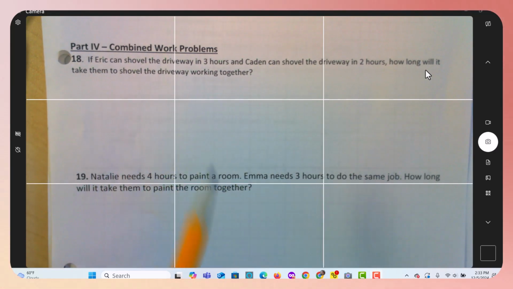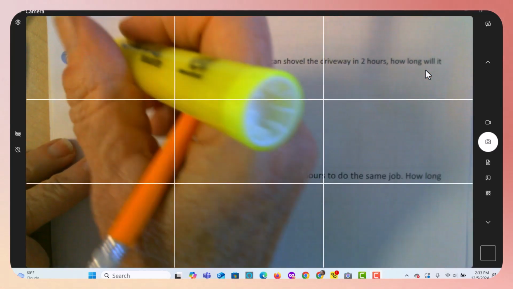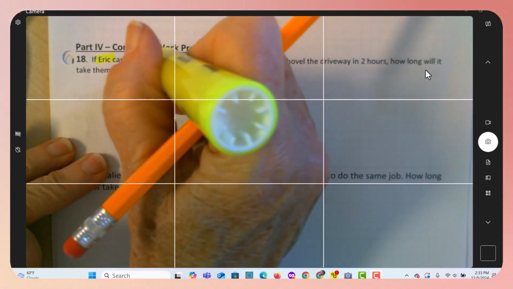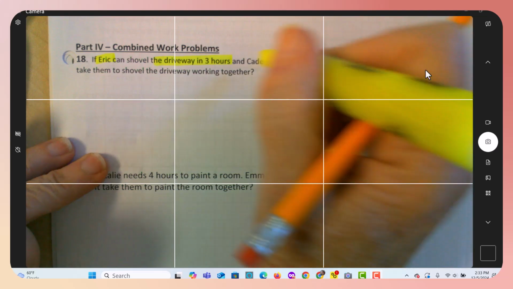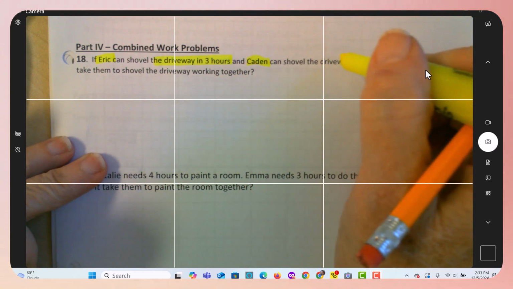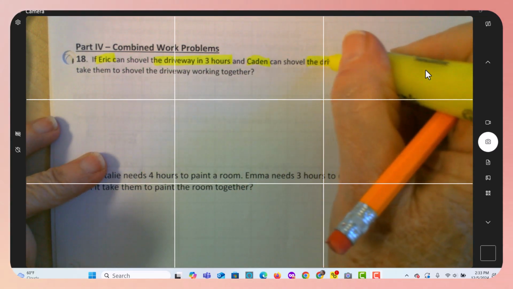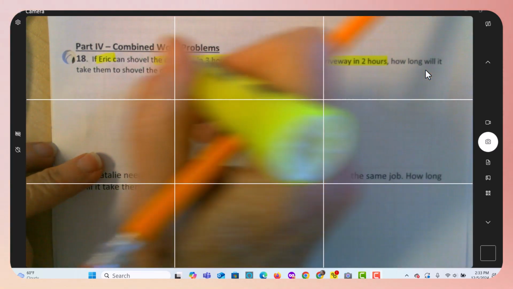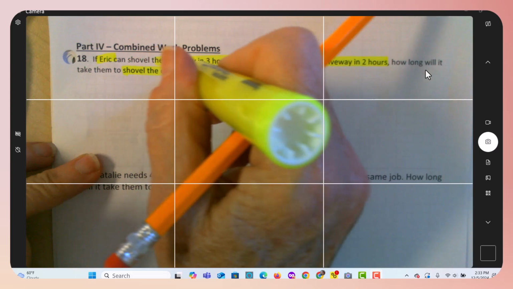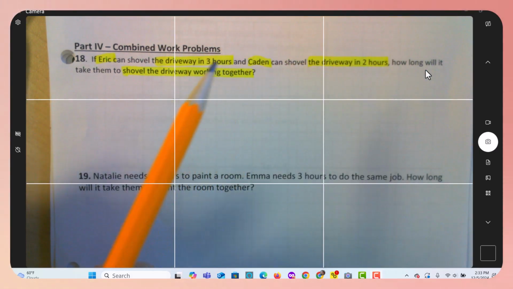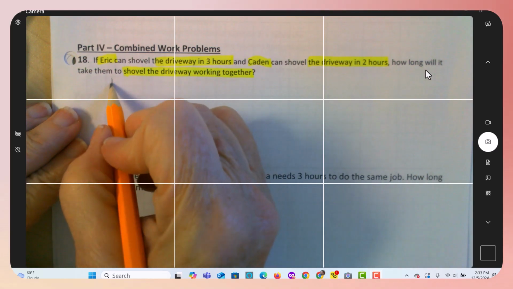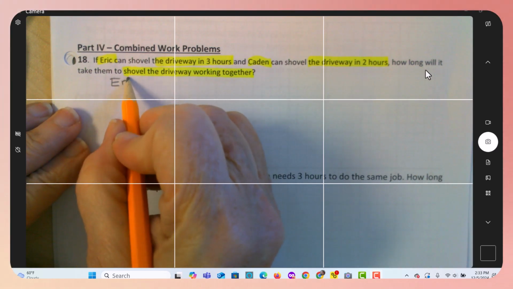If Eric can shovel the driveway in 3 hours, so here's Eric's rate, 1 driveway in 3 hours, and Caden can shovel the driveway, so that's 1 driveway in 2 hours, how long will it take them to shovel the driveway working together? All right, so let's write Eric's rate, or his ratio.